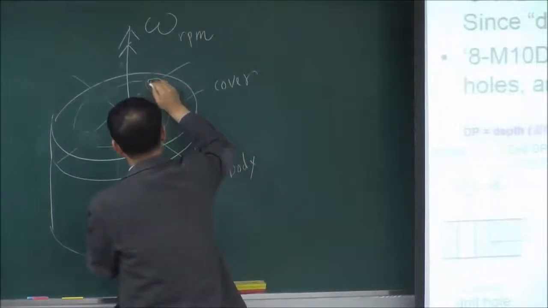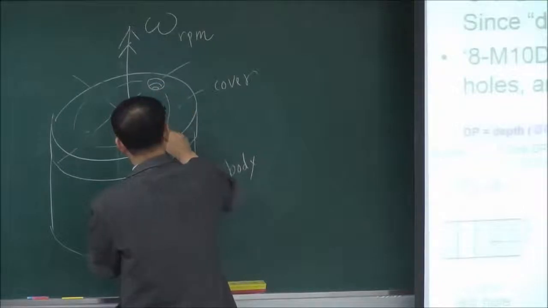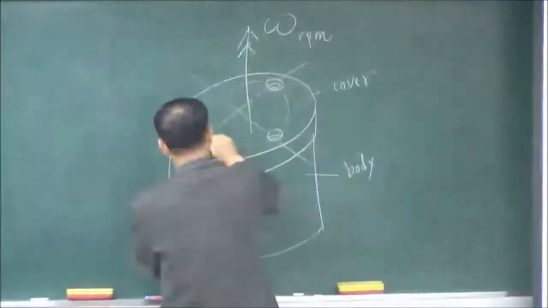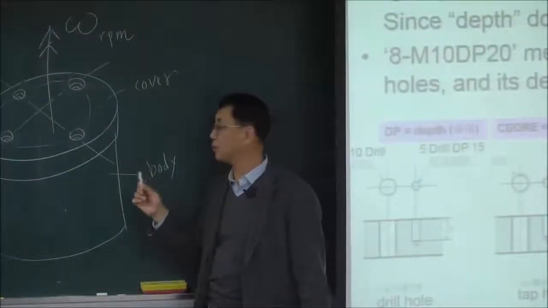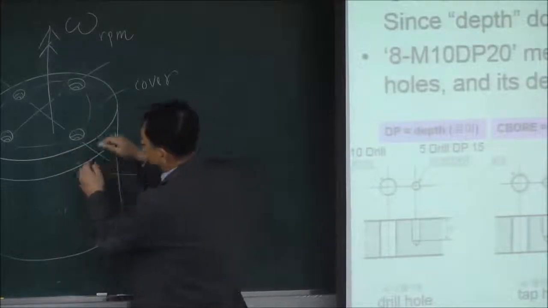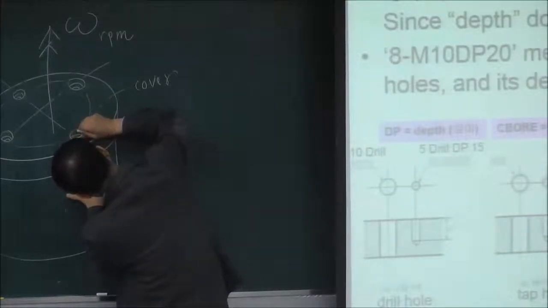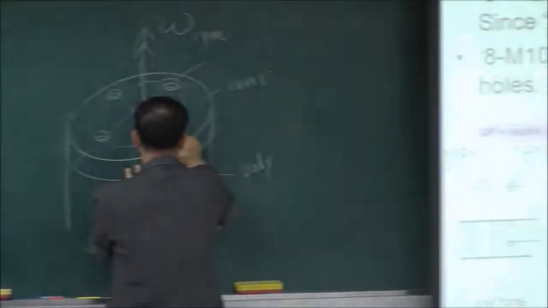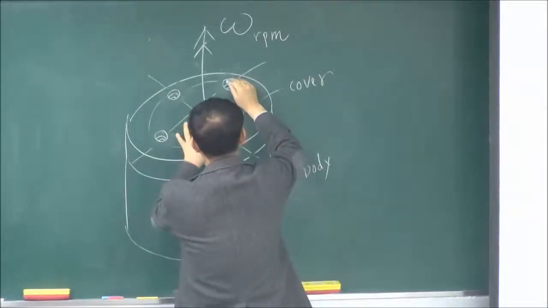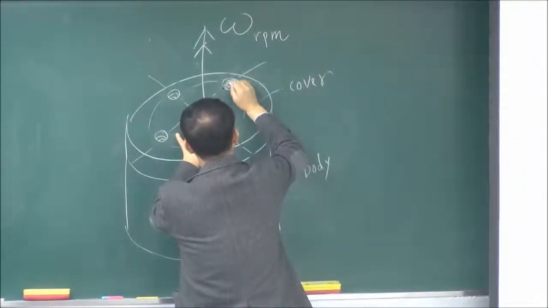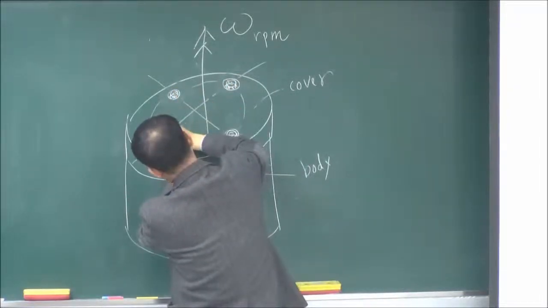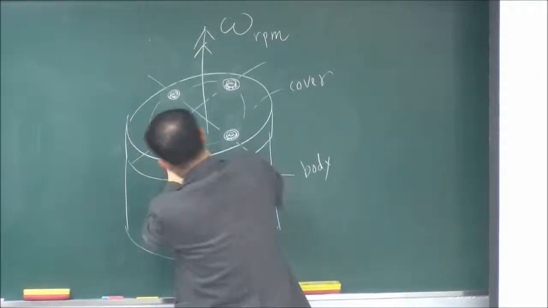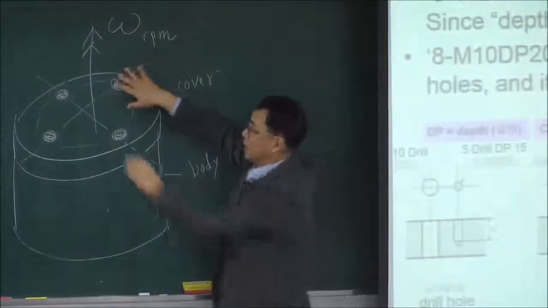You design the cover like this, which has the counter bore hole. If you design the cover like this, the bolt head is assembled like this. The bolt head is just inside the counter bore hole.